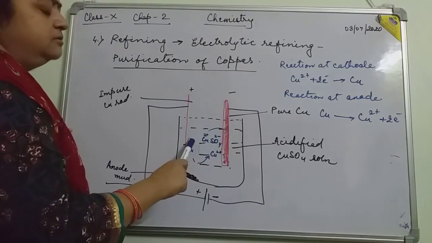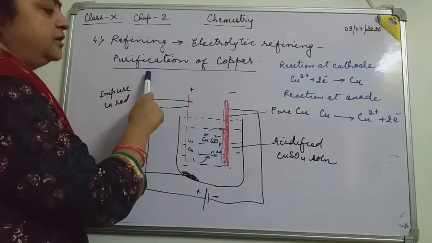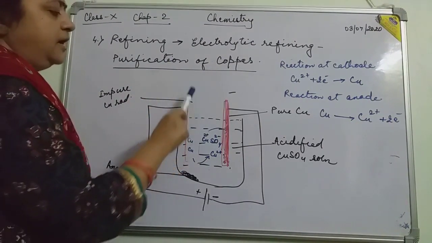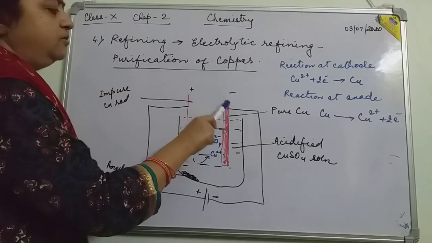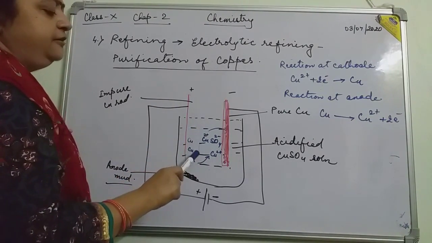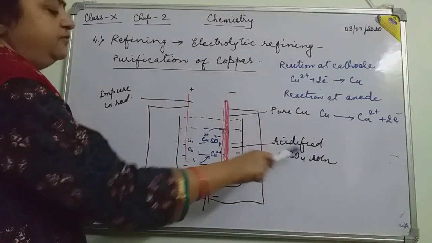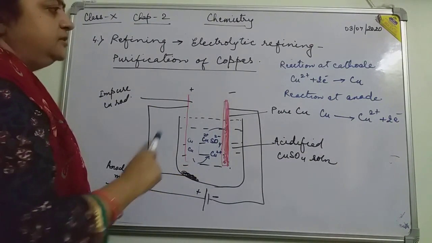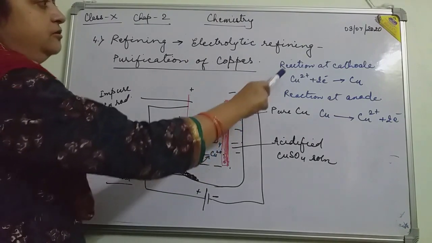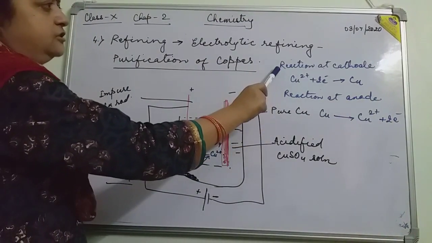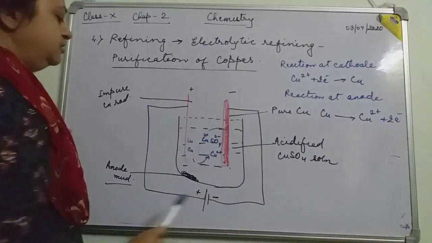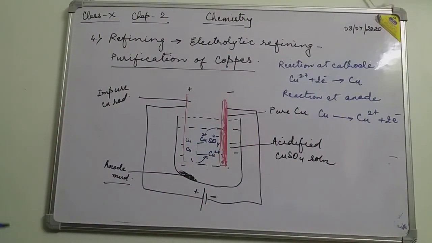Write the electrodes: at cathode, thin copper rod, at anode, thick copper rod is present. In electrolyte, acidified copper sulfate solution is taken. After passing electric current, the thin rod becomes thicker, and due to these reactions, the reaction at cathode is this and the reaction at anode is this. And this is the complete purification of the copper rod.